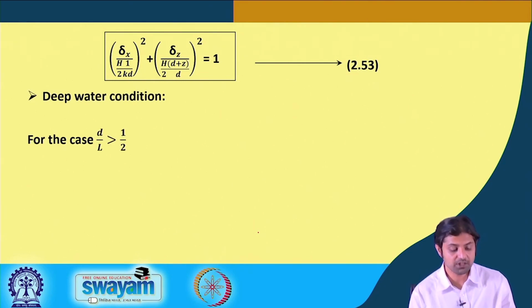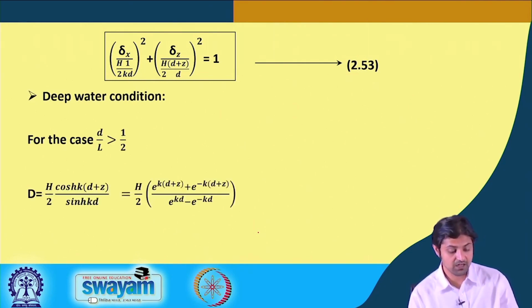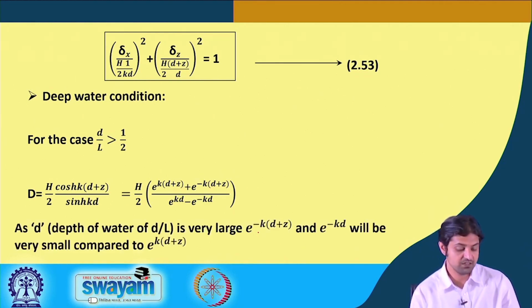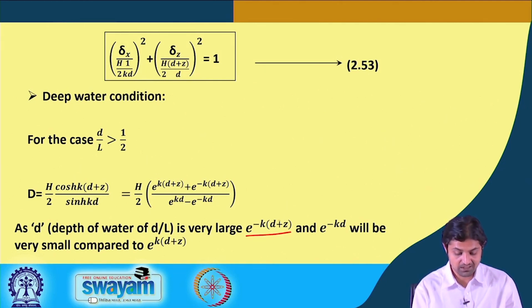But in deep water, for the case d by L greater than half, D becomes H by 2 e to the power k(d+z) plus e to the power minus k(d+z), divided by e to the power kd minus e to the power minus kd. As d is very large, e to the power minus k(d+z) and e to the power minus kd will be very small, correct, because it's deep.